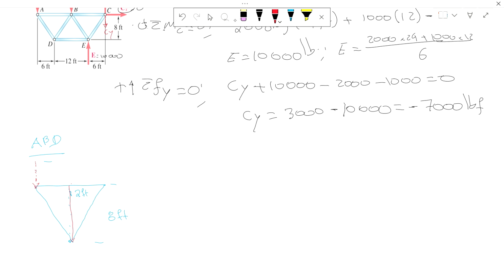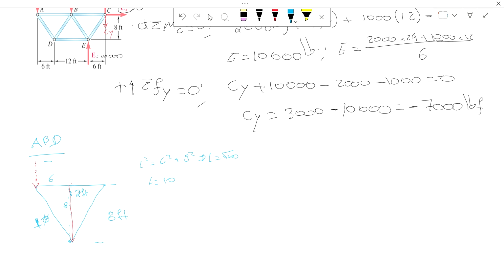The dimensions right here are 6 and 8, and L squared equals 6 squared plus 8 squared. This is equal to 36 plus 64. L is the square root of 100. Therefore, L is 10.